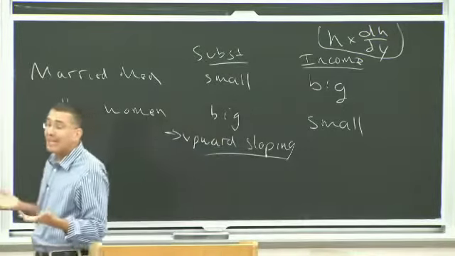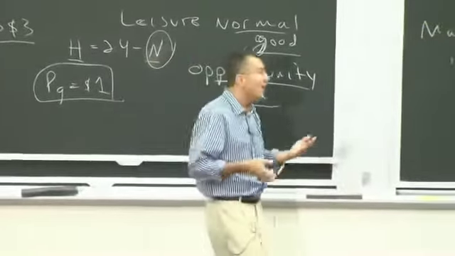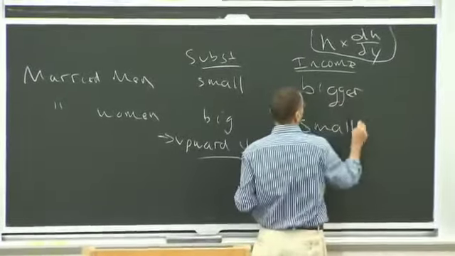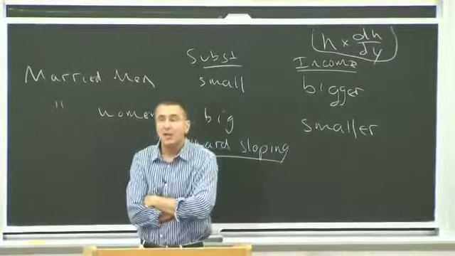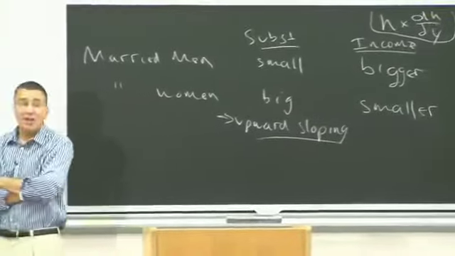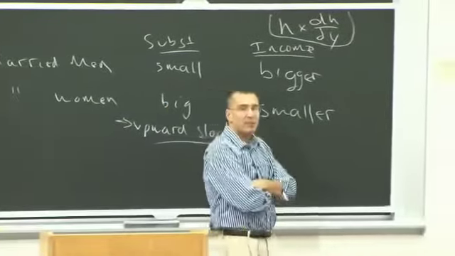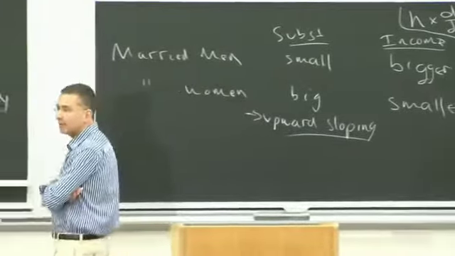Now, how big it is, that's not clear, because once again, men have nothing to do if they don't work. So it could be that this ends up being bigger and this smaller. It's not clear how big this ends up being, okay? But it's at least possible that you could have men having a backward bending or downward sloping labor supply curve, because the income effect could even more than offset the substitution effect.